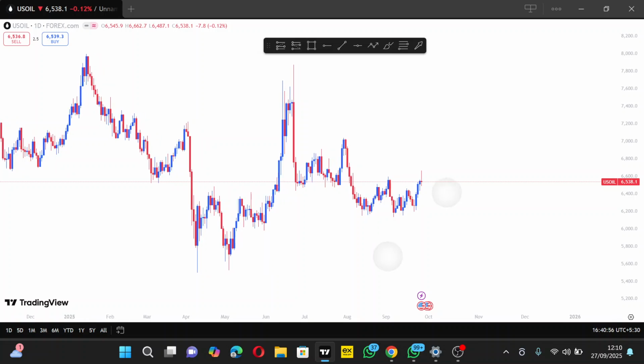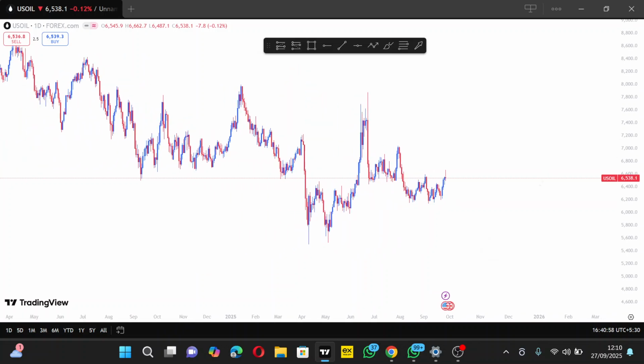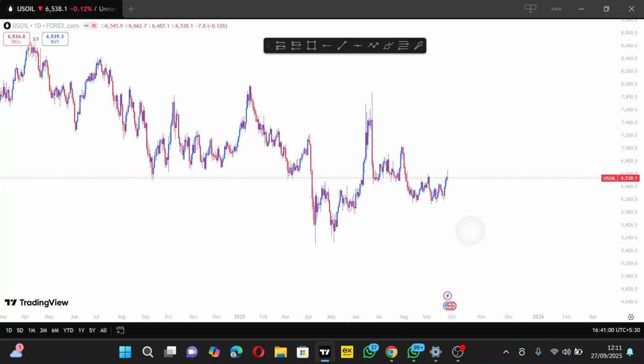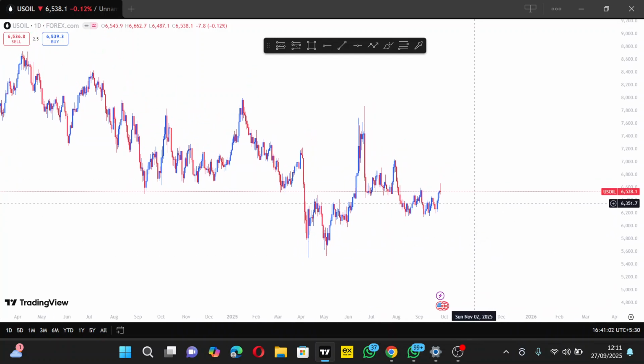It was a good clear break from here, a sharp 4 hour order block. Price dropped, but price is not breaking this place. Now we are expecting a pullback. This is a dicey zone to trade from. This US oil, I'm not going to lie, is a really dicey zone to trade from.